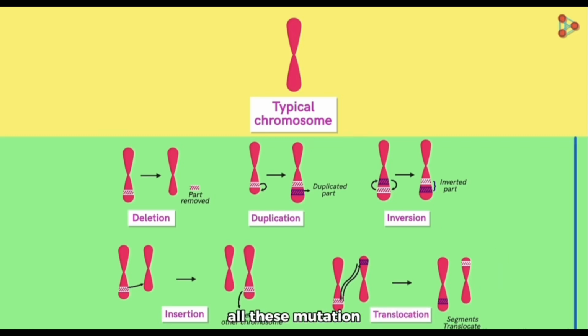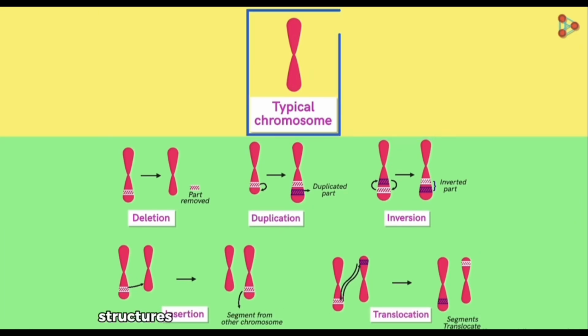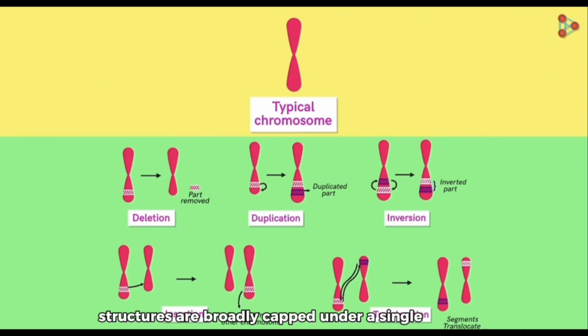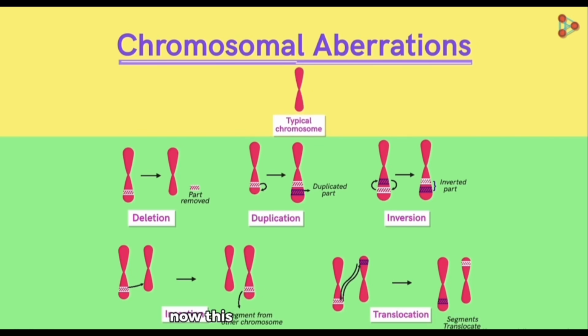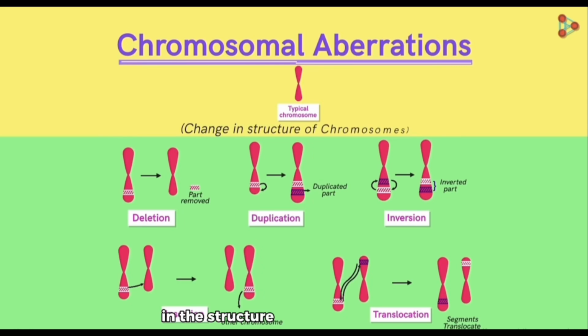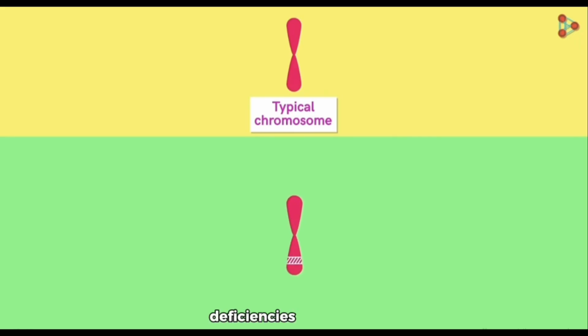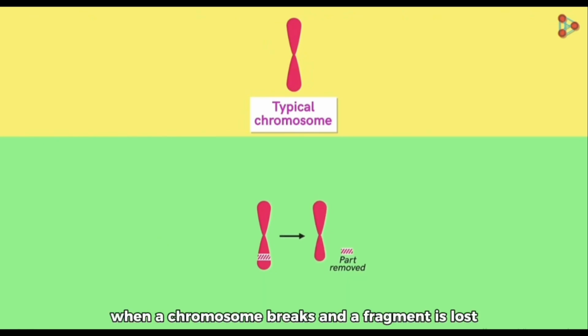All these mutations resulting in the disruption of normal chromosome structure come under a single heading. They are categorized as chromosomal aberrations. Now this was about the mutations that involve change in the structure of the chromosomes. Deficiencies or deletion. A chromosomal deficiency occurs when a chromosome breaks and a fragment is lost.